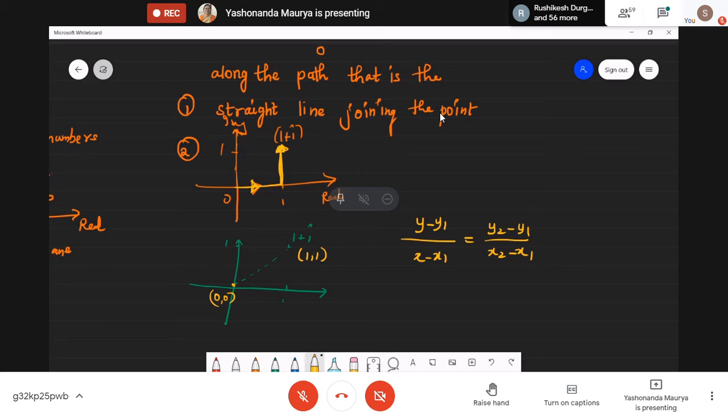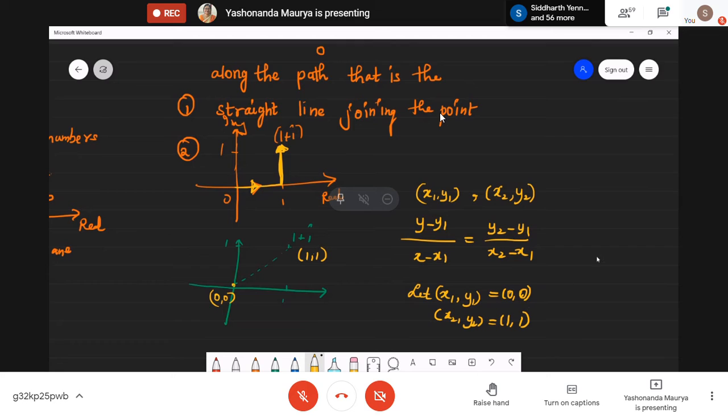Whenever 2 points are given, we take those 2 points as x1, y1 and x2, y2. You remember, we have done all this. So how do we find these points now? Over here, let x1 comma y1 be the origin. One of the points I'm calling x1, y1, and the other point we are calling 1 comma 1.